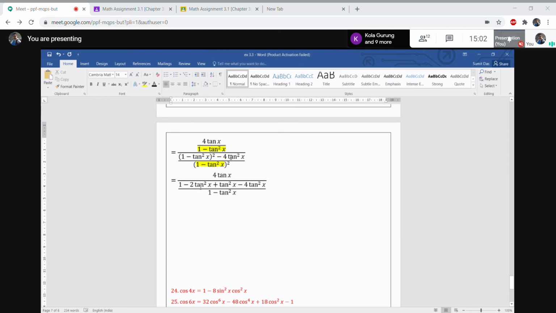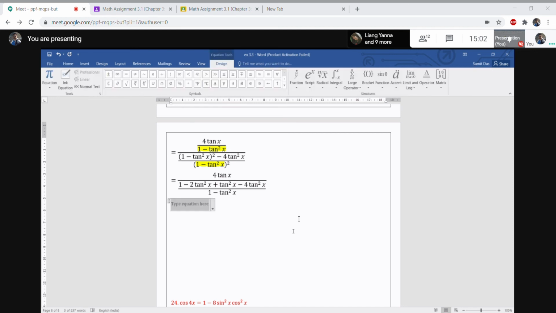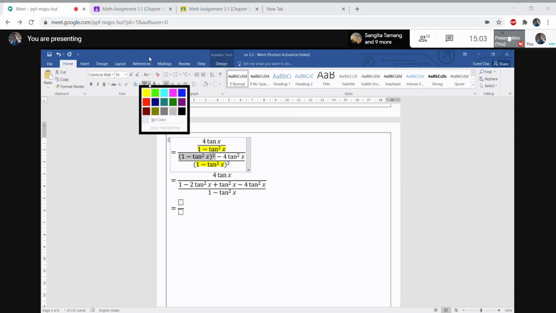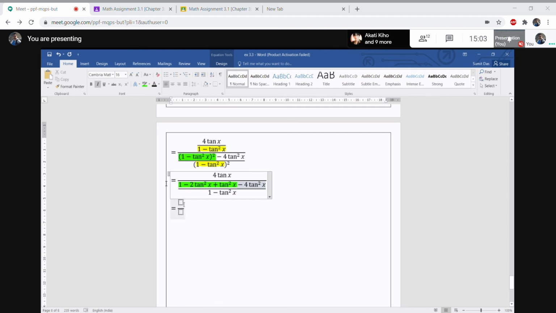Okay, so we are in this line, understood? So here 1 minus tan square x, I'm just making one line. This is giving you the formula. I hope all of you know the a minus b whole square formula, right? So what will be the numerator? Numerator 4 tan x will not change.